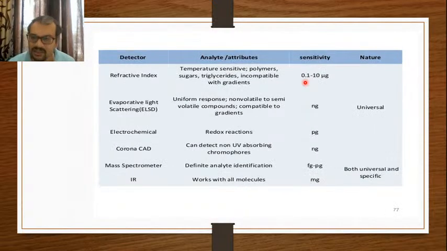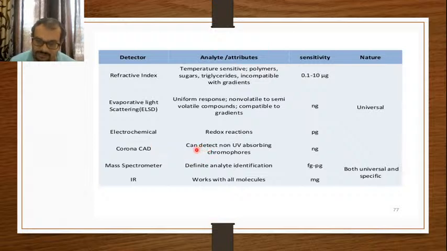Refractive index is a universal detector, hence its sensitivity gets decreased. Evaporative light scattering: uniform response, again nanogram and universal in nature. Electrochemical: redox reactions, picogram. Corona CAD, the conductivity detector, can detect compounds without UV chromophores.